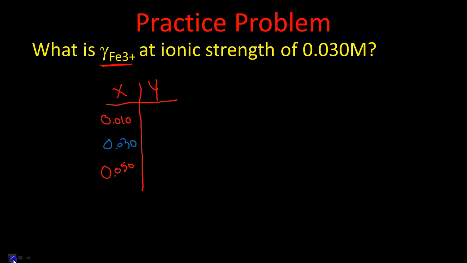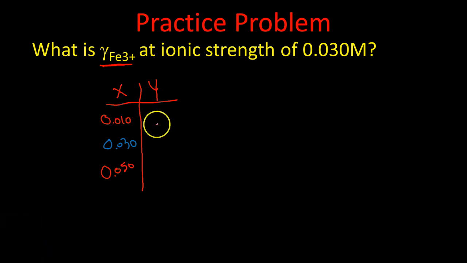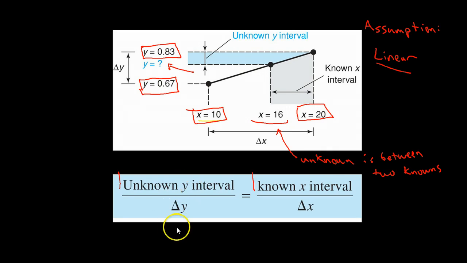We know the y values associated with the other two from our table: at 0.01 molar ionic strength our activity coefficient is 0.445, and at 0.05 our activity coefficient is 0.245. We just use this equation to solve for that.